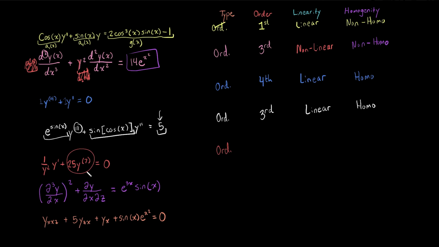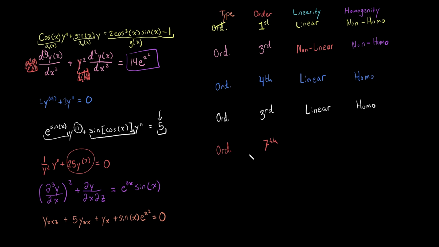It's a bit confusing, but I wanted to include this notation because it does show up from time to time. Whether you're reading textbooks, they tend to use this notation sometimes, and it's all personal preference in the end. I personally don't use this notation. I stick to the prime notation, but I don't want you to feel confused if you ever do see that type of notation. So this is the 7th order.